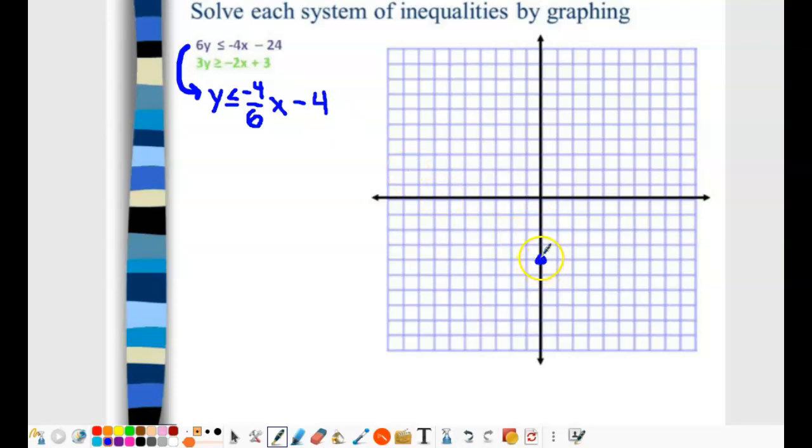So my y-intercept is at -4. My slope is -4 over 6, which is the same as -2 over 3. So you can go down 2 and right 3, or you can go down 4 and right 6. You're just going to get half the points I get.